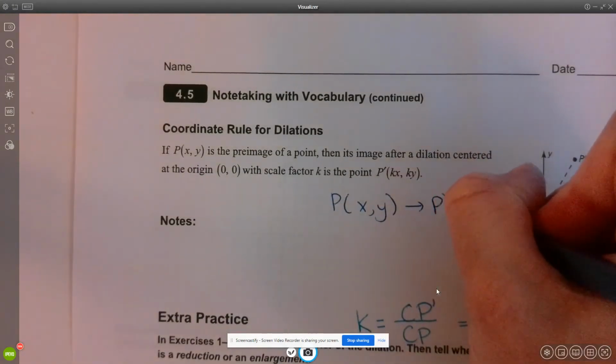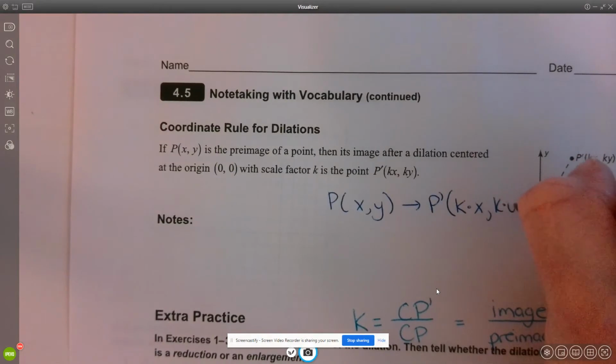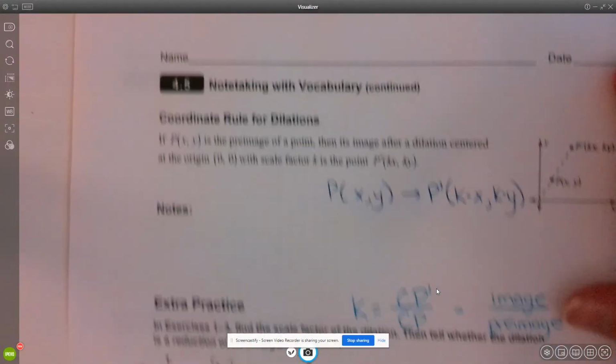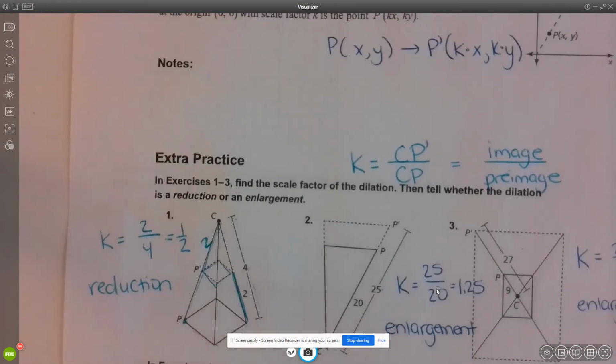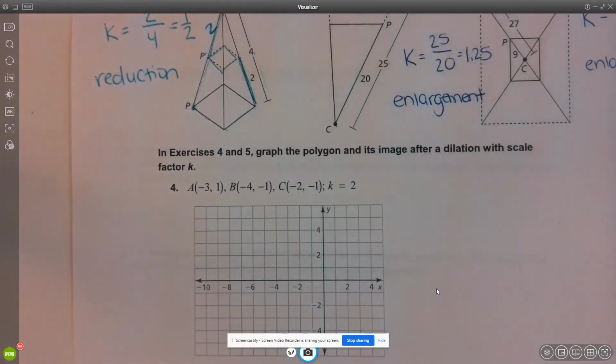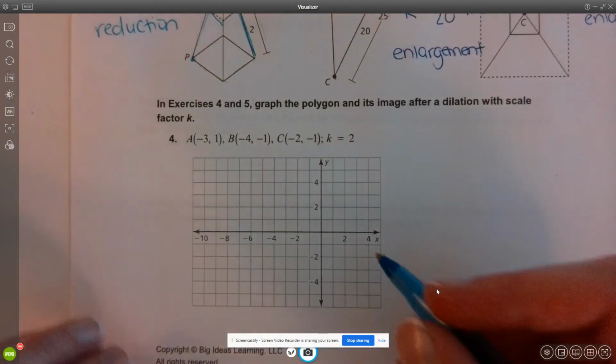So whatever the scale factor is, we're going to multiply it by the x and y coordinates to get our new x and y coordinates of our image. So in number 4, it says, graph the polygon and its image after a dilation with scale factor k. Let's go ahead and first plot our pre-image on the graph.